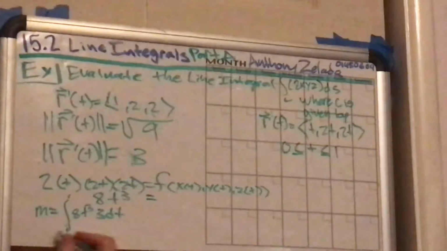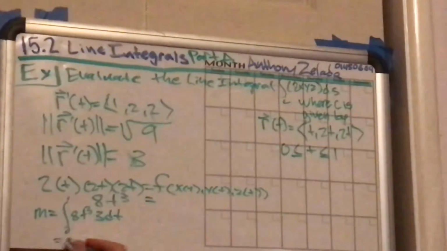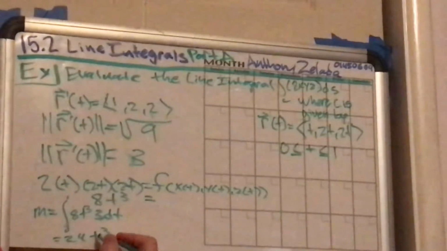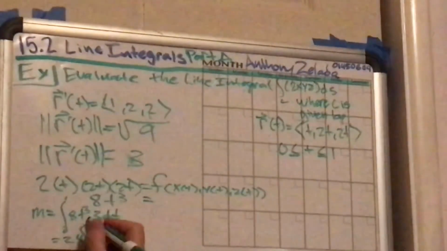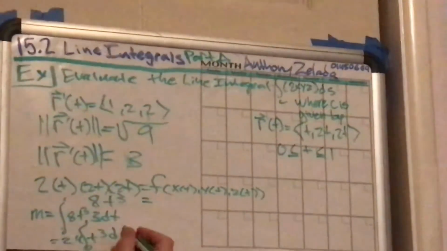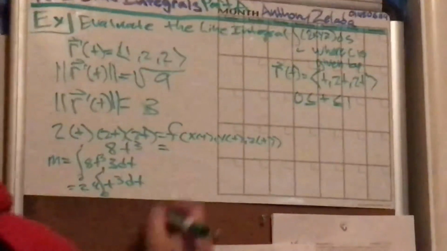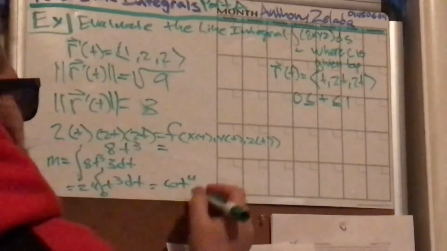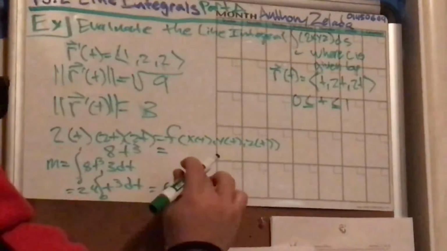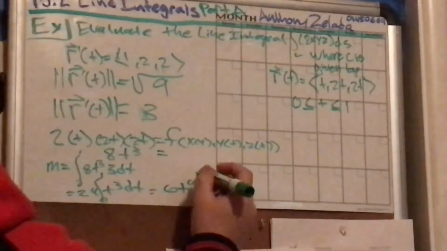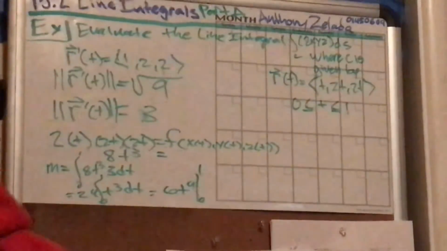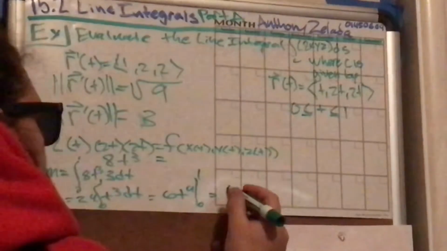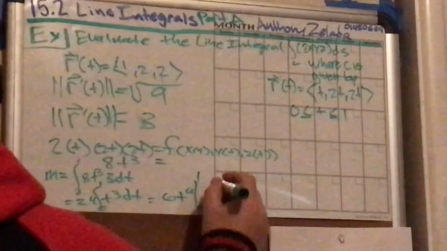This is a real simple one, so it turns out to be the integral of 24t cubed from 0 to 1 dt, and that equals 6t to the fourth, evaluated from 0 to 1, and that equals 6. And that is your answer.